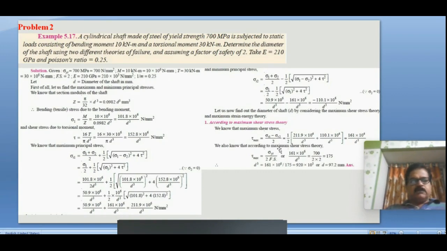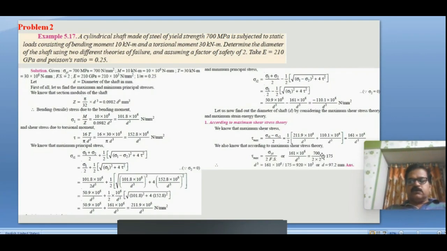Tau max is the allowable shear stress. 700 MPa is the yield strength, so divided by 2 will give us the yield strength in shear, and we also have the factor of safety as 2.